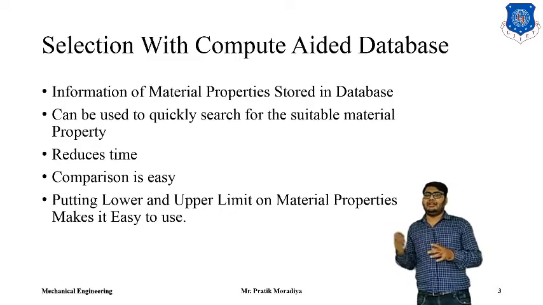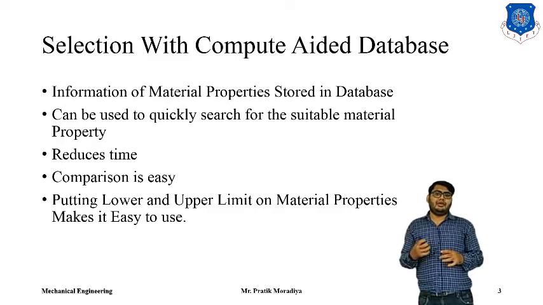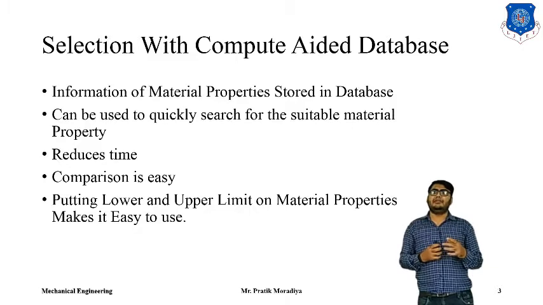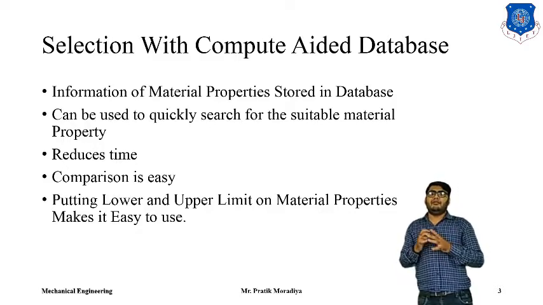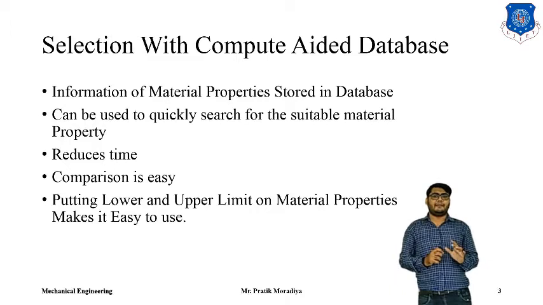Otherwise, we can see that its advantages are that it is quick, easy to use, reduces time, and we can put upper and lower limits on material properties so that we can quickly grasp the idea of which materials should be more suitable for us. But it is very difficult to come up with a database which has a comprehensive list of all these properties. So that is a tedious task. After that, it is all easy.